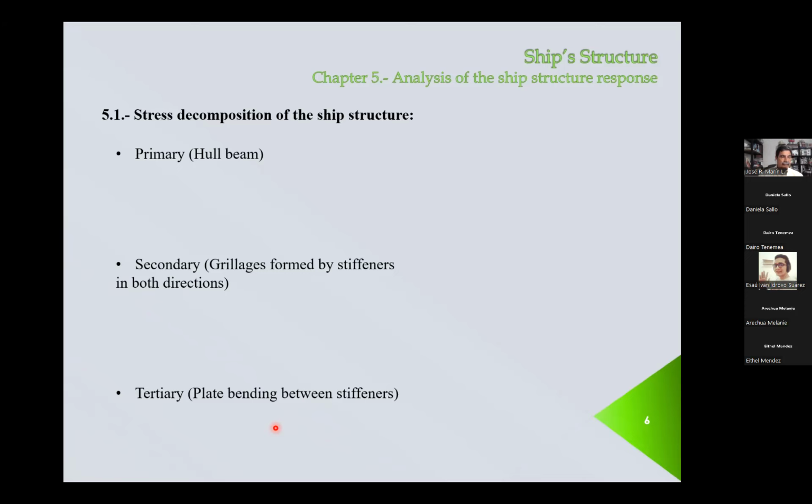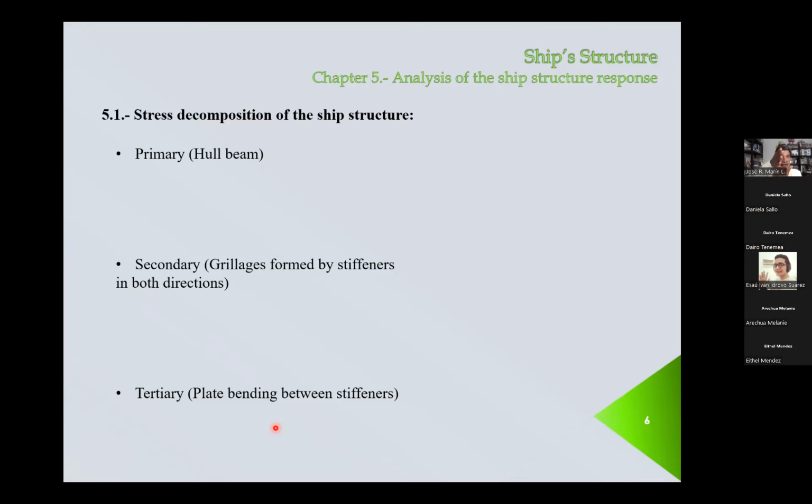Now, you can immediately think, in just a second, but the primary develops some normal stresses in the x direction. In the case of the secondary, if you have something like this, probably the neutral axis will be much closer to the plating than at the flange of the reinforcement. Why? Because the plating is so large.